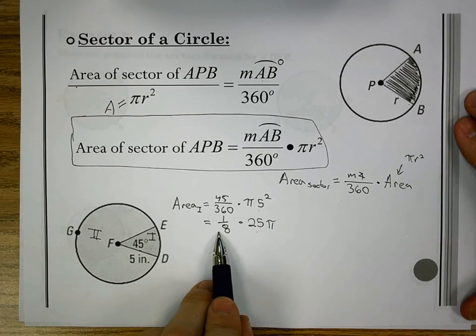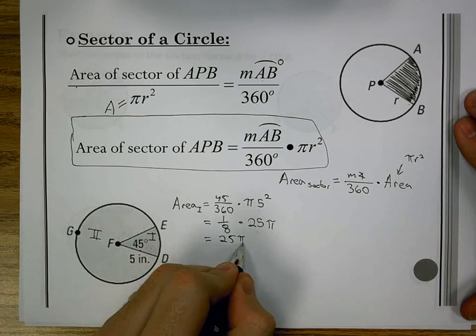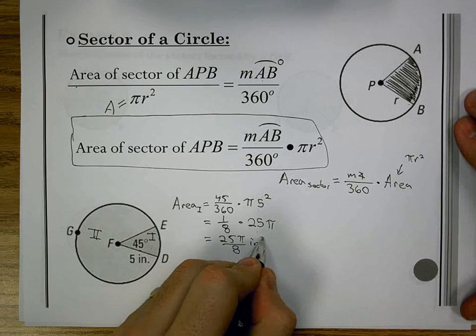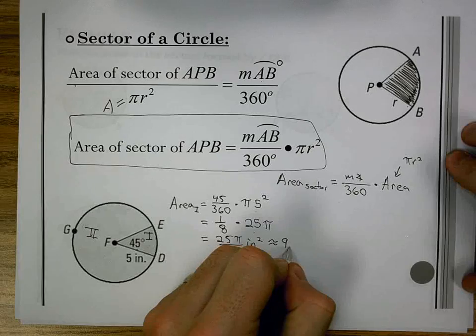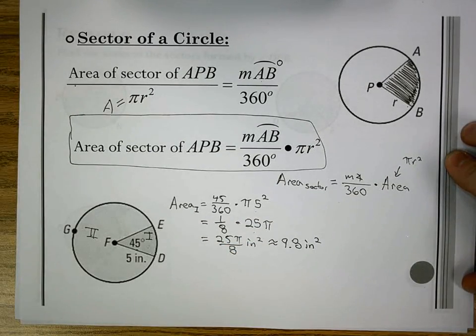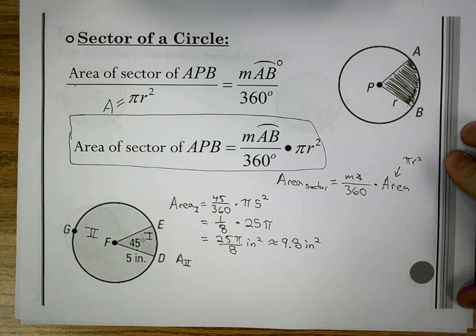I want 1/8 of it. So that is 25 pi over 8, which is in inches squared. I can then approximate that, and that gives me about 9.8 inches squared. Okay, now we look at the area of the other sector, sector number 2.